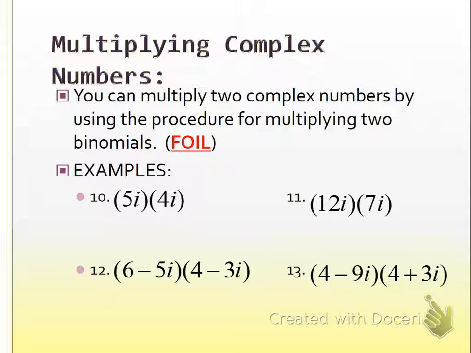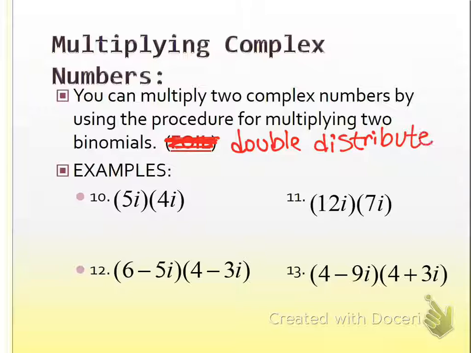So that might mean that you're using FOIL. In your notes it says double distribute because that's what we like to use more. If you learned FOIL and you like it and you want to use it, that's fine. It's the same idea. We just prefer to call it double distributing these days.